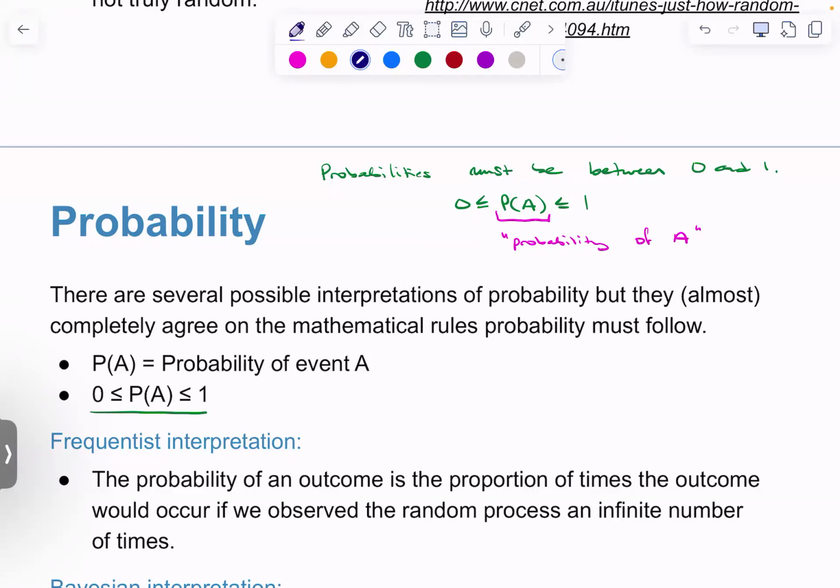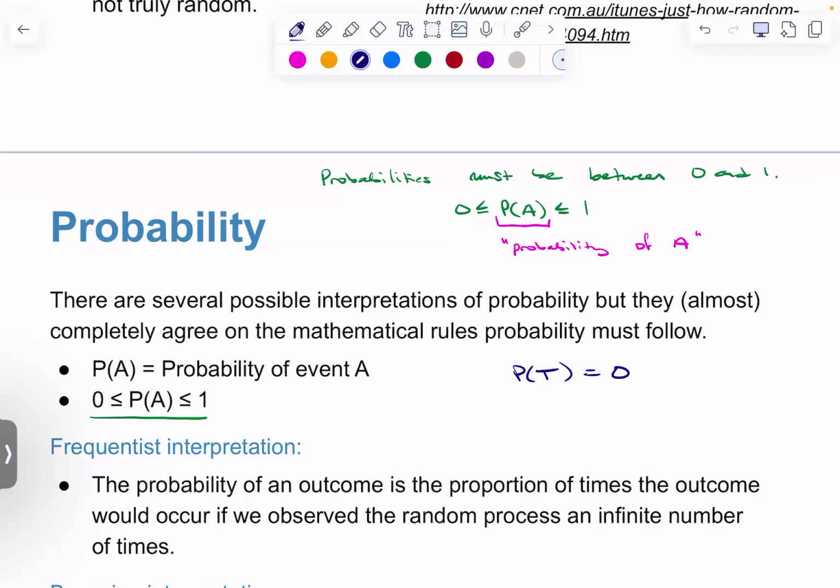It should be kind of clear, but if I'm tossing a coin, for example, then I could say the probability of T, which from context we know would be the probability of tossing and getting tails. The probability of T is 1/2, 0.5. It's between 0 and 1. And so we'll use this probability notation.